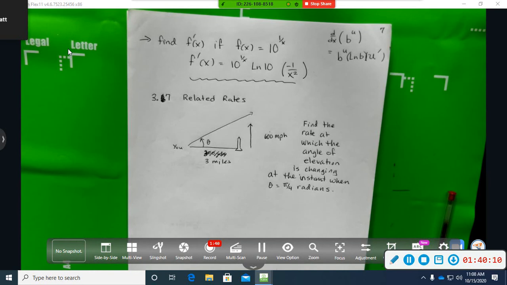So you remain 3 miles away from the rocket. The rocket blasts off at 600 miles per hour. At some instant, the angle is pi over 4 radians. I want to see how fast this angle is changing at that instant. I don't know that I needed a nice 3, 4, 5 triangle, and I don't care.